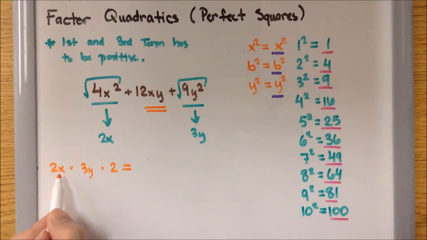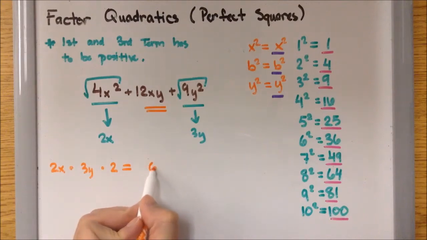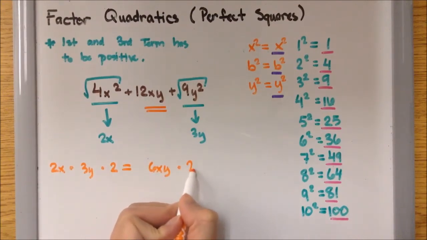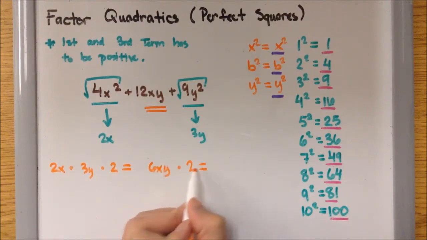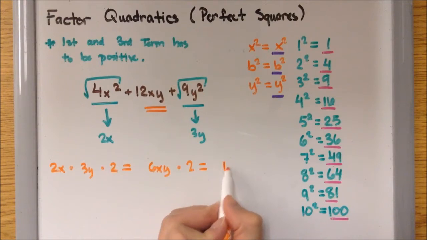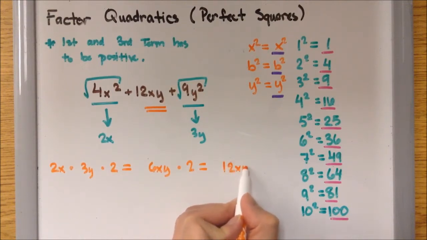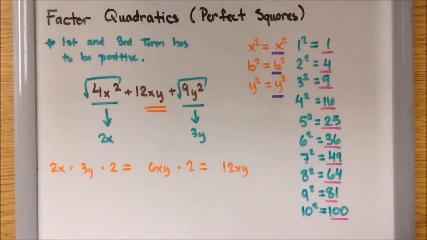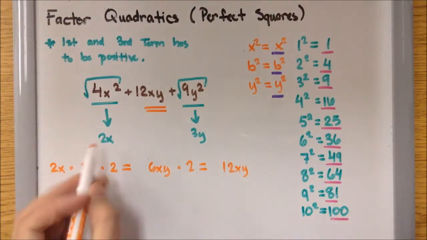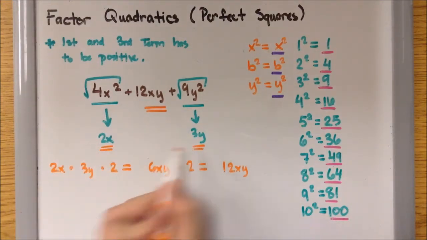I'm going to write it step by step: 2x times 3y is 6xy, times 2, that will become 12xy. So it does match with the middle term, so I'm going to use 2x and 3y.